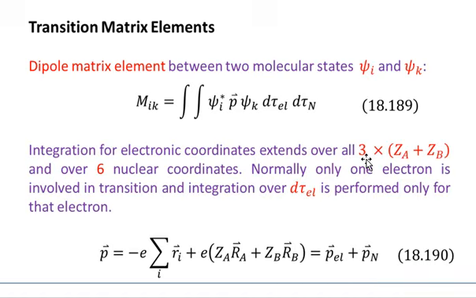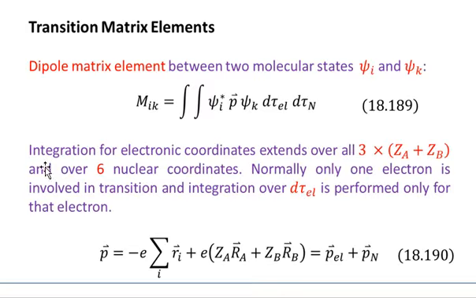In order to specify the position of an electron, we need three coordinates x, y, and z. So it represents the total number of degrees of freedom required to specify all the electrons: 3 multiplied by the number of electrons, and over 6 nuclear coordinates. Since we are considering diatomic molecules having 2 nuclei, each nucleus has 3 degrees of freedom, so corresponding to 2 nuclei, we have 6 degrees of freedom.